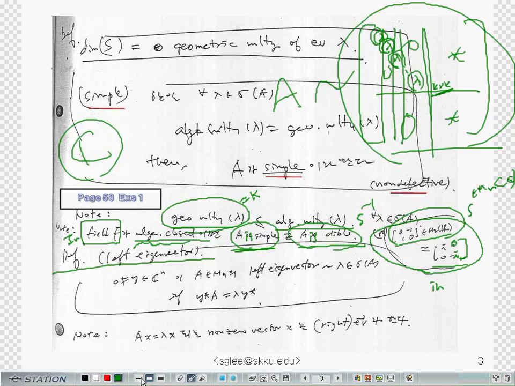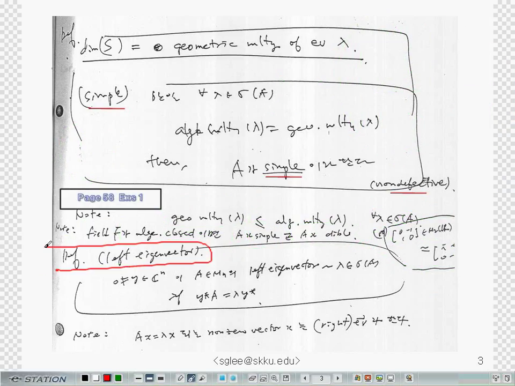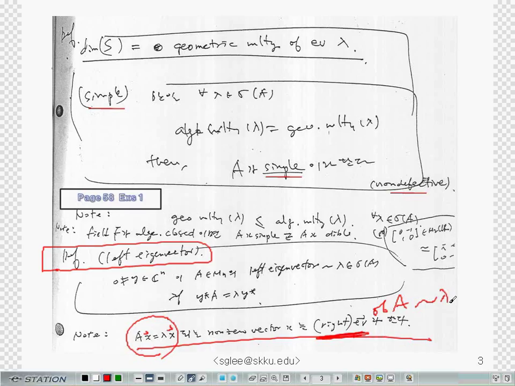The next definition: left eigenvector. You have studied the right eigenvectors before. We defined the non-zero vector satisfying this condition as the right eigenvector of A corresponding to the eigenvalue lambda. Now we define the left eigenvector of A corresponding to an eigenvalue. Let's say Y is a non-zero vector.